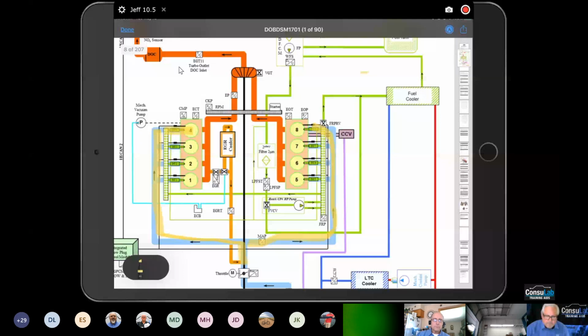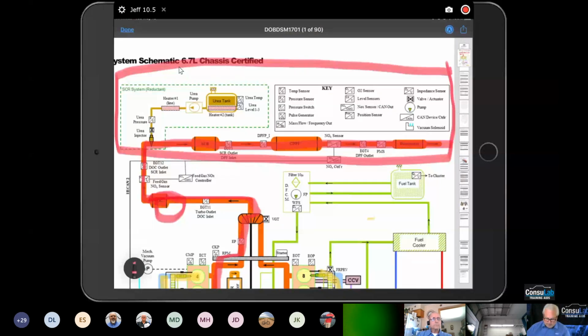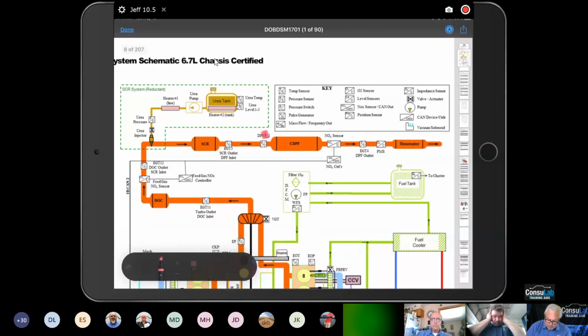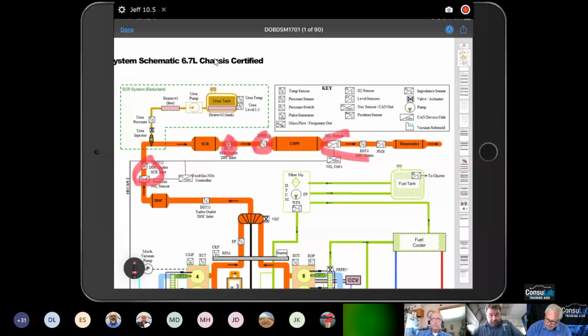So these are the things that are going to be key in our discussion and assessment over the next couple of days, and also these elements here, so that we know where the temperature sensors are, we know where the pressure sensors are, and we can go in and look at each one of those. Especially all these sensors between the components.